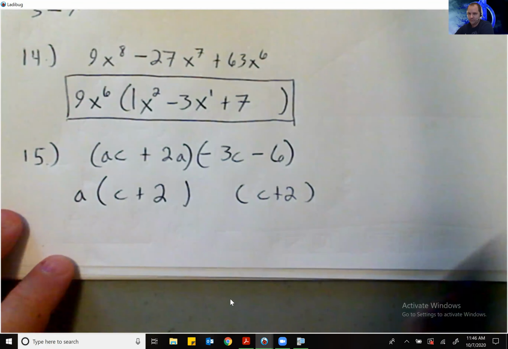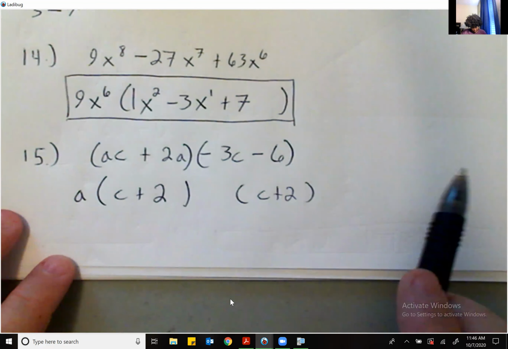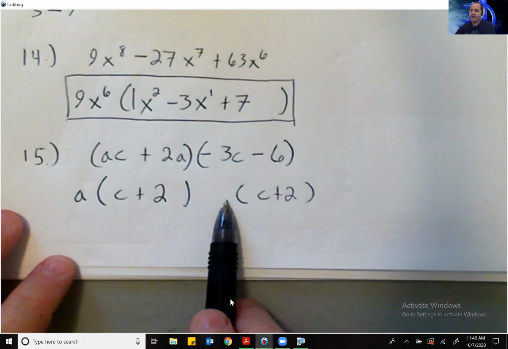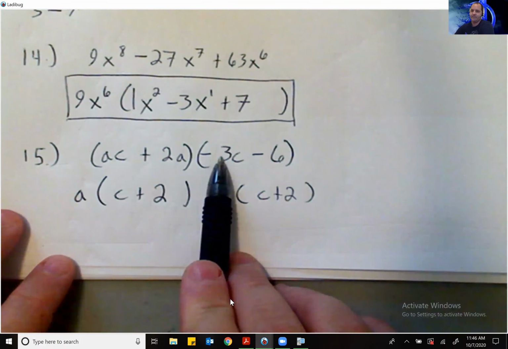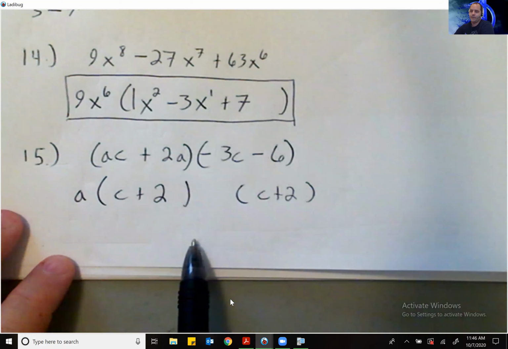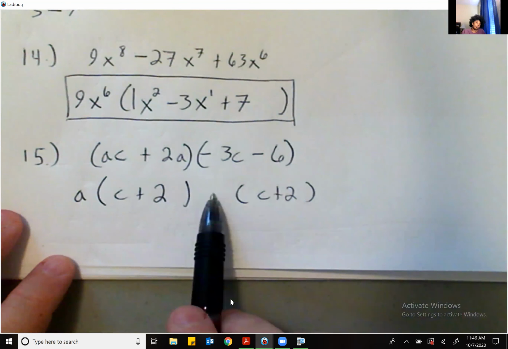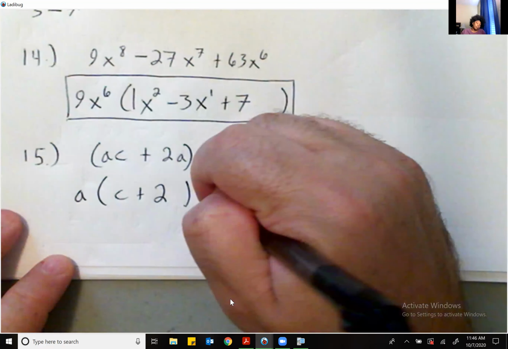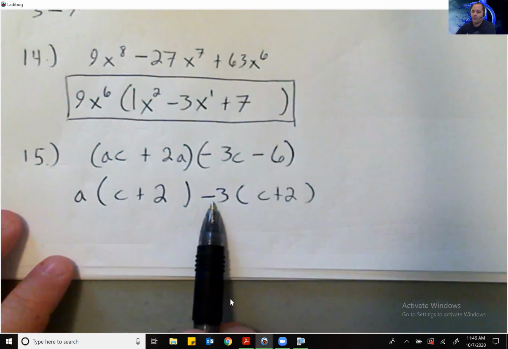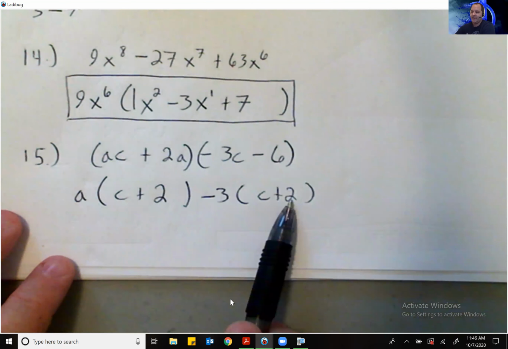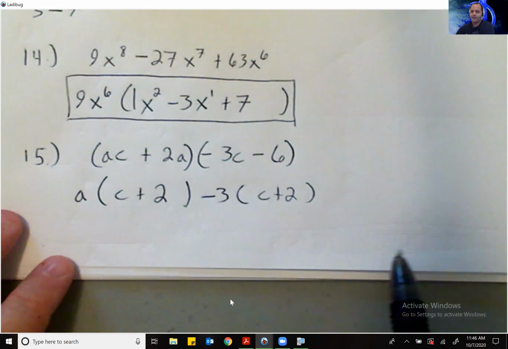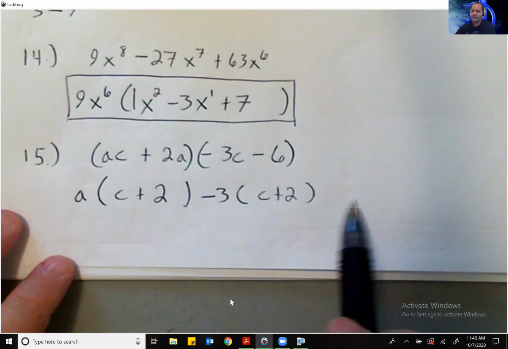So all you have to do is think, what times C will get me back to the negative 3C? Negative 3, right? And then you can easily check this answer. If I take negative 3 times 2, does that give me negative 6? Yeah. So this is correct then.